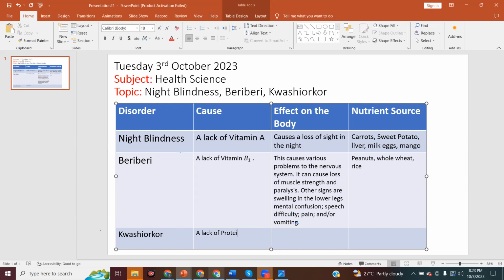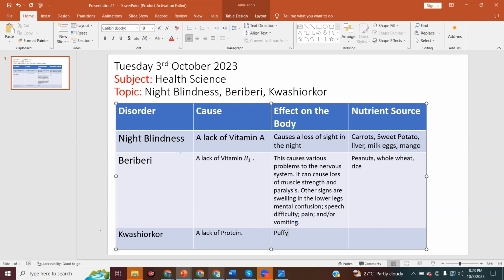What is protein and how does it help the body? It helps the body with growth. Yes, growth and what? Growth and repair, right? So you need your protein. Protein is very important.